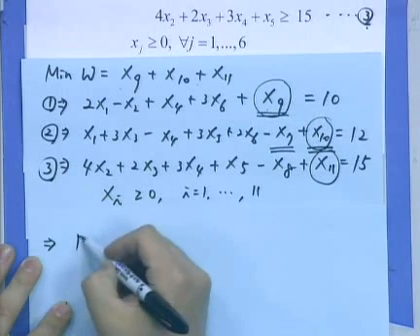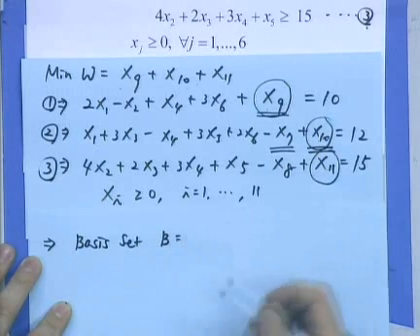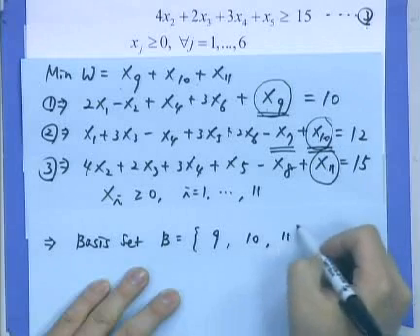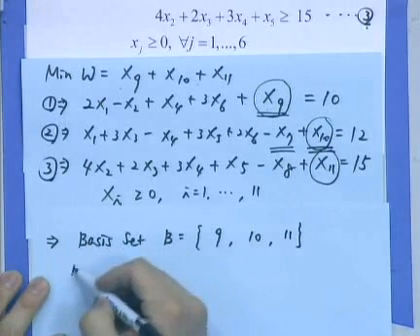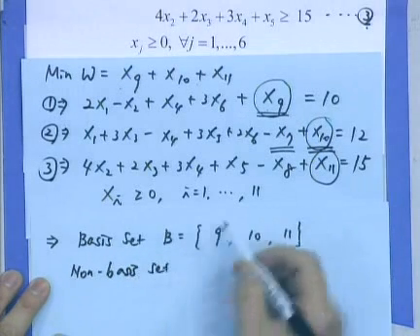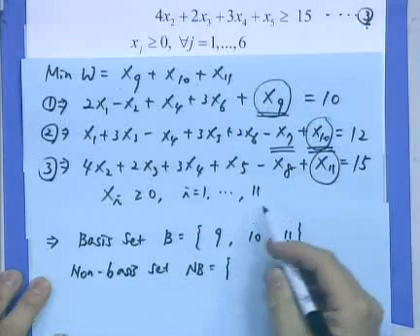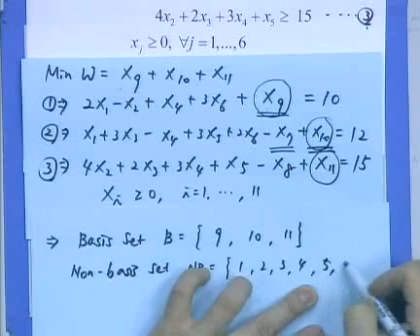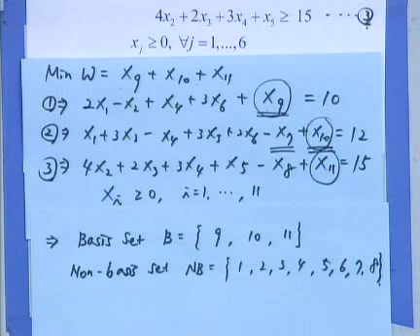Initially, the basis set B becomes 9, 10, 11. And the non-basis set, let's say MB becomes 1, 2, 3, 4, 5, 6, 7, and 8. Okay?